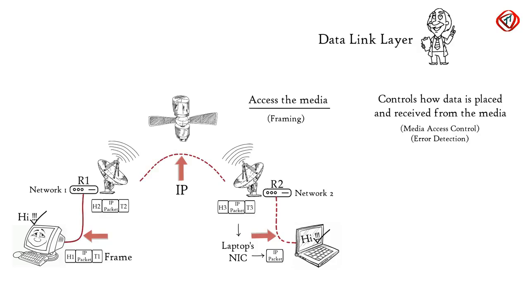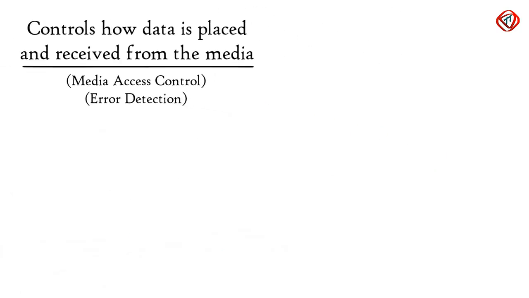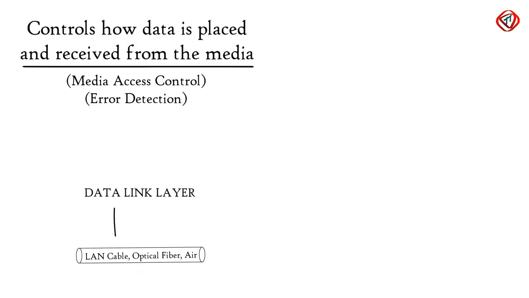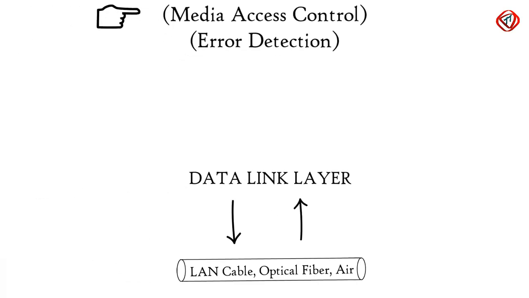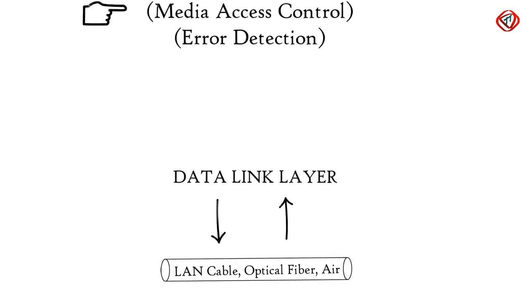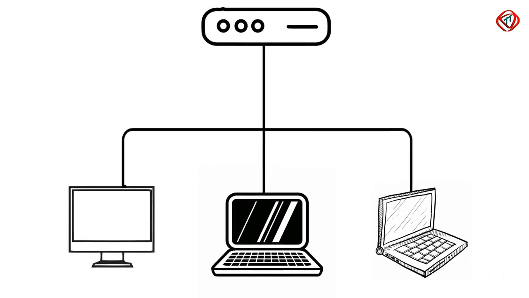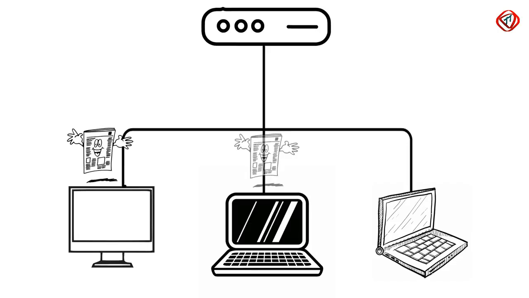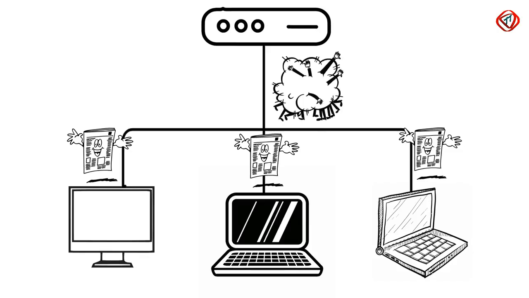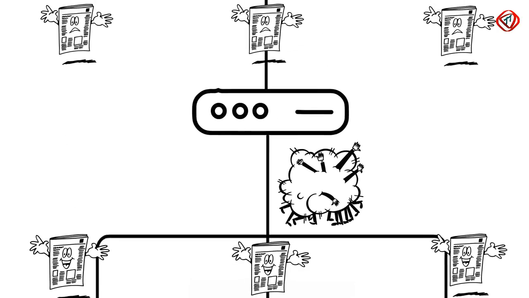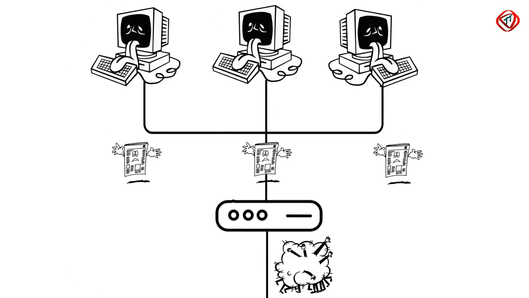Data link layer also controls how data is placed and received from the media. The technique used to get the frame on and off the media is called media access control. There may be a number of devices connected to a common media. If two or more devices connected to same media send data at the same time, then there may be a possibility of collision of the two messages, resulting in a useless message that neither recipient can understand.